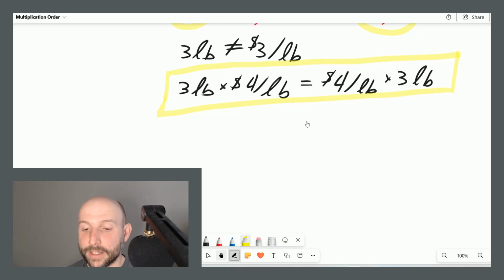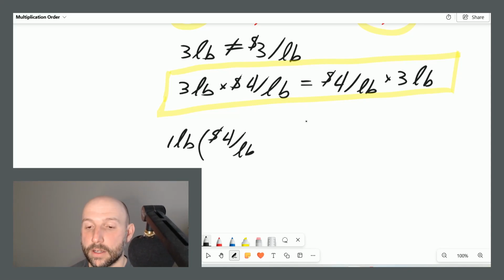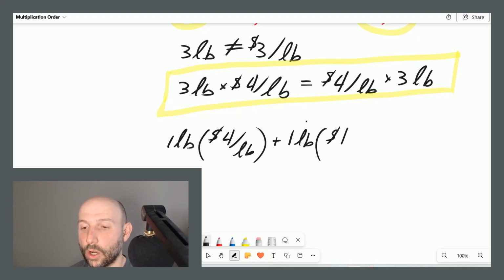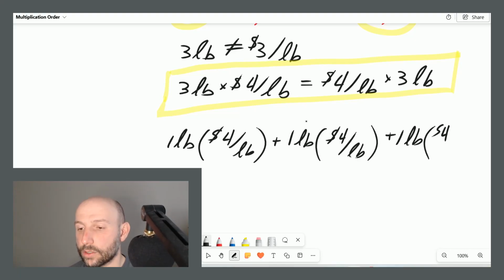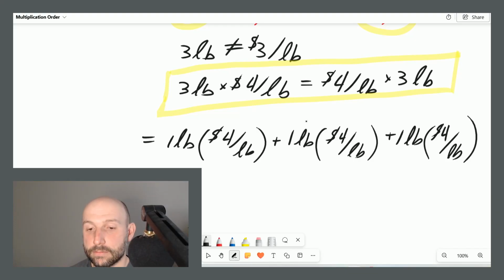You could write this as 1 pound at $4 per pound plus another pound at $4 per pound plus another pound at $4 per pound. And if you ignore the units, that's 4 plus 4 plus 4.